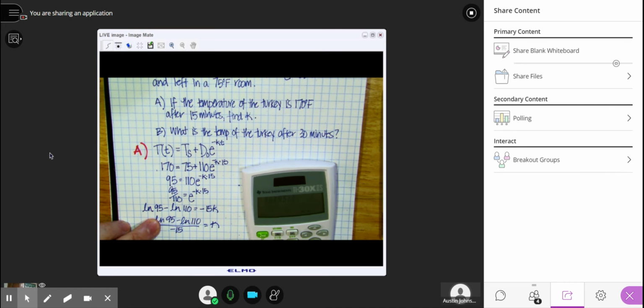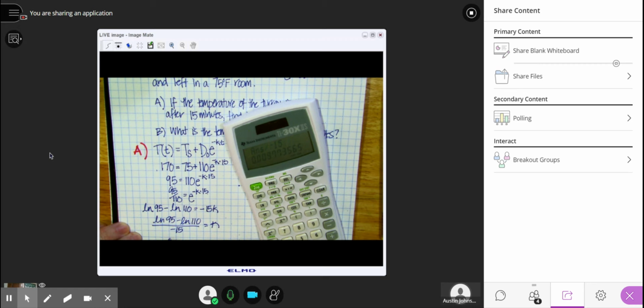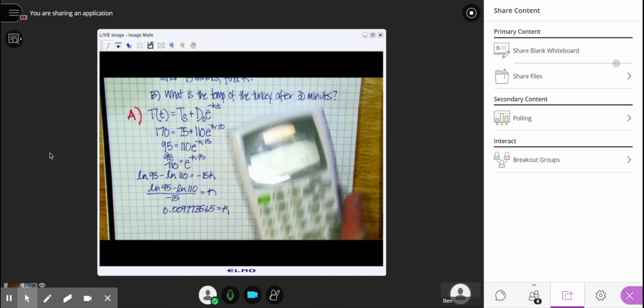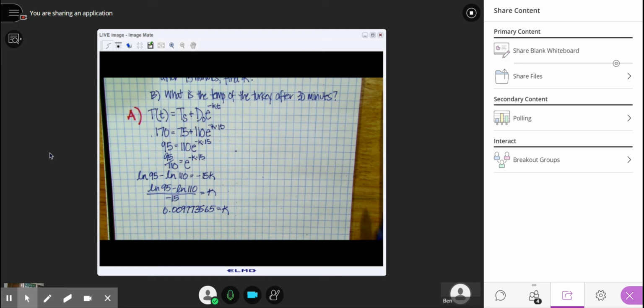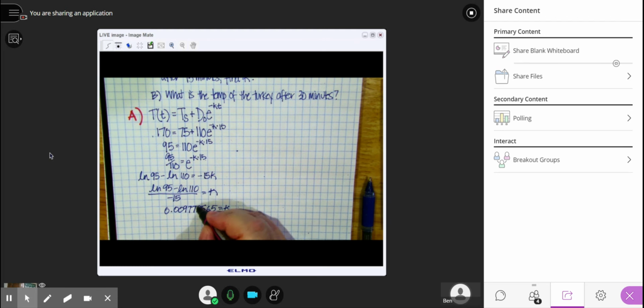ln 95 minus ln 110 divided by a negative 15. Right? I got a long decimal. Now, this is a situation where you get a value of k, and it's a very long decimal, and I would keep at least 5, if not 6 decimal places.